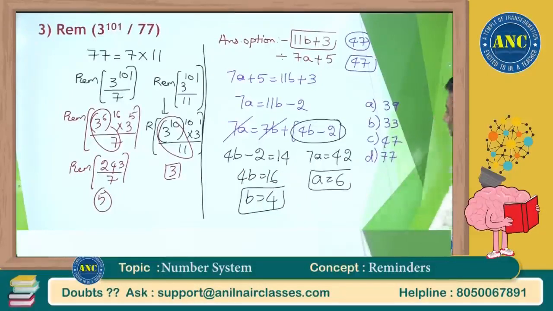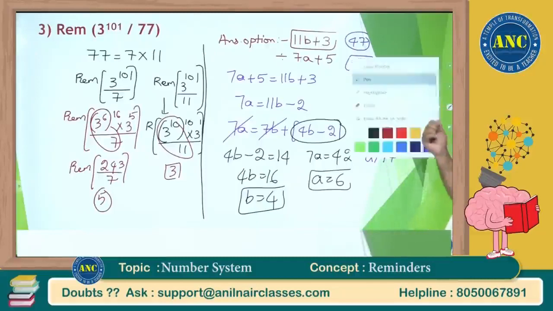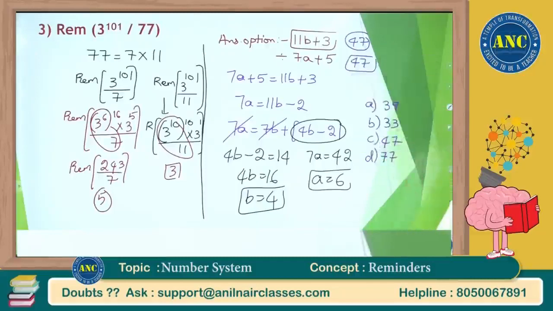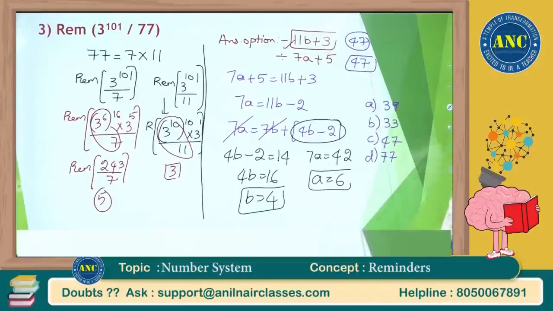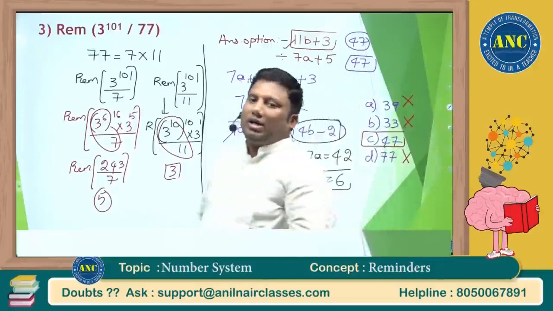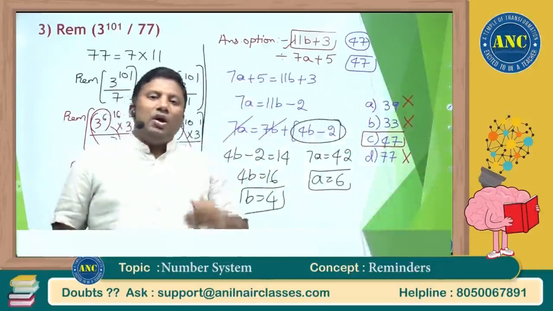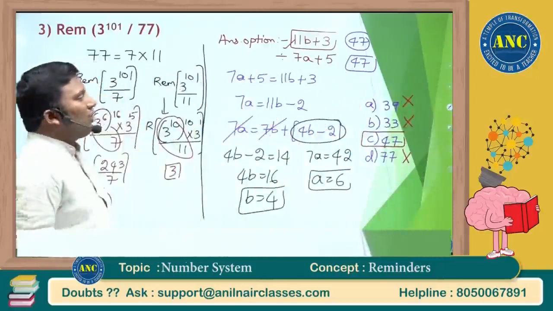The answer, when divided by 11, should give remainder 3. 33 is perfectly divisible by 11, out. 39 is 11 into 3 plus 6, out. 77 is 11 into 7, out. The only answer is 47. You came to know the traditional way of solving the question.